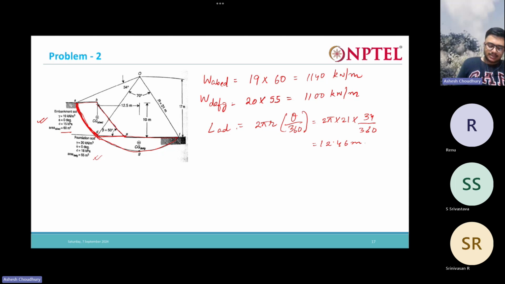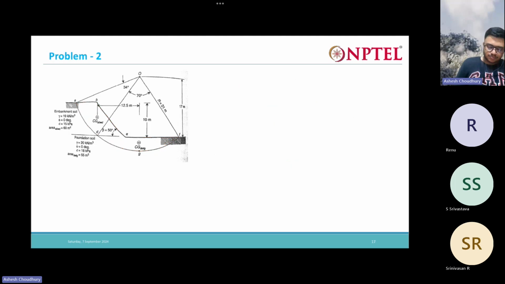Now this arc length we need to find out next. Same. Okay, so we calculated the weights of this and also the arc length, right?